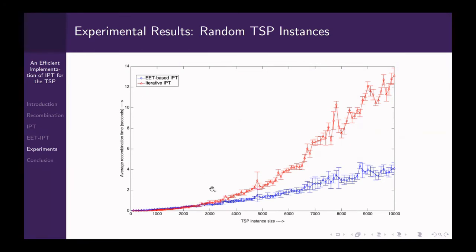The red one shows the original IPT implementation and the blue one shows the proposed EET-based IPT implementation, and you can easily see that the red one looks nonlinear. This increase is nonlinear with respect to the sizes of the problems, whereas for our proposed algorithm, the time is increasing almost in a linear fashion.